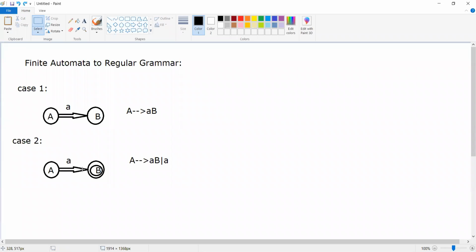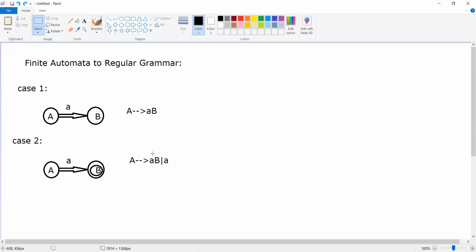The first thing is to write the grammar without considering the state as a final state, which gives the production small a capital B. Then we consider the given state as a final state.